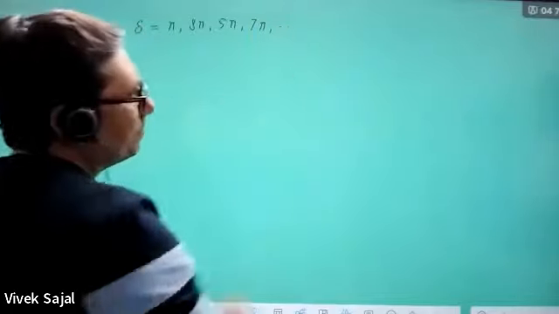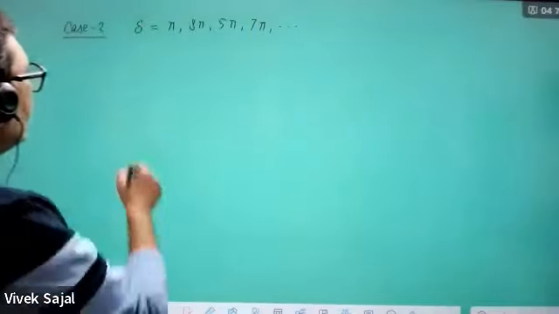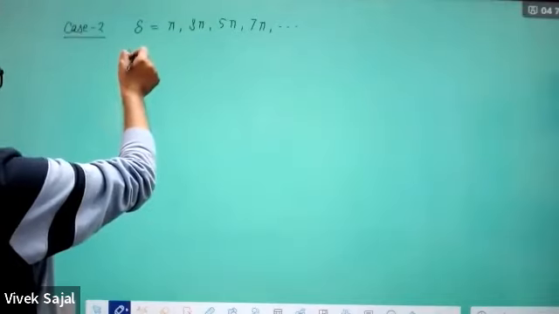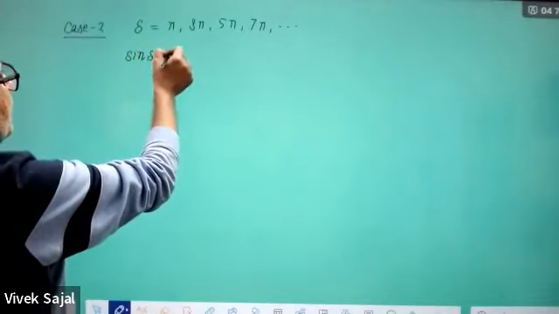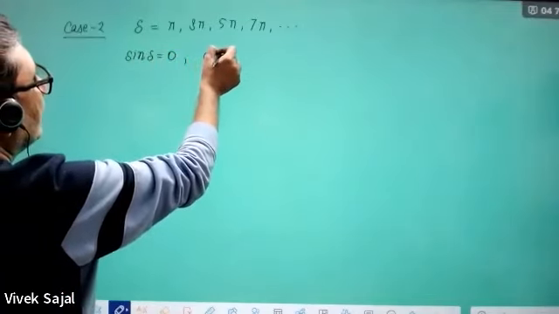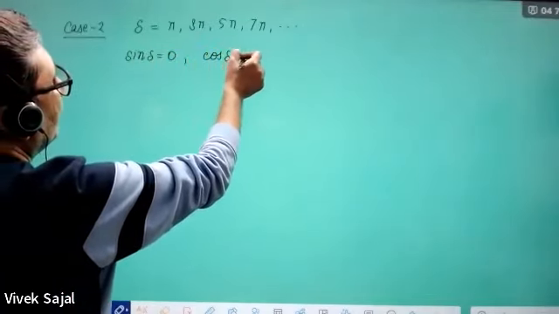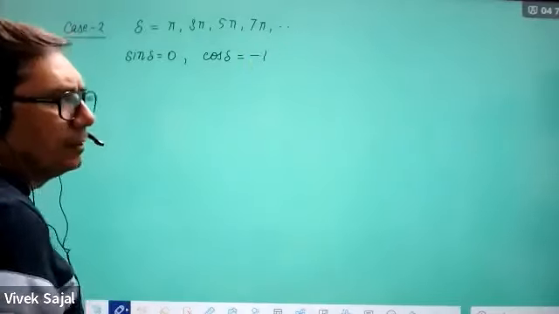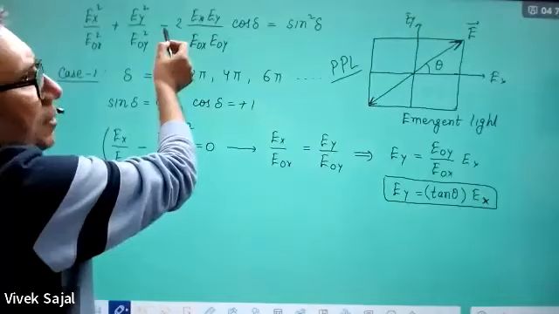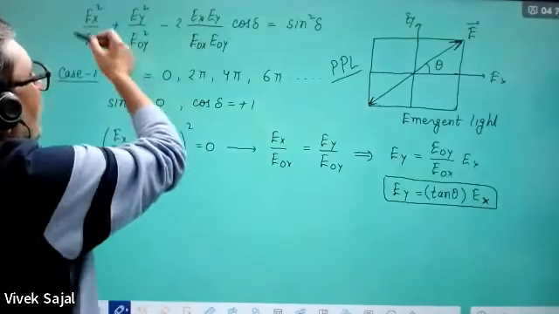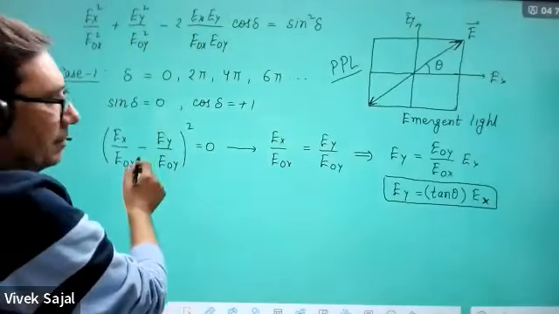Then what will sine delta be? Sine delta will be 0, so the right hand side will remain 0. But cos delta this time will be -1. So if you place -1 here, then this term will become plus. And this will make the whole square again with a plus sign here.